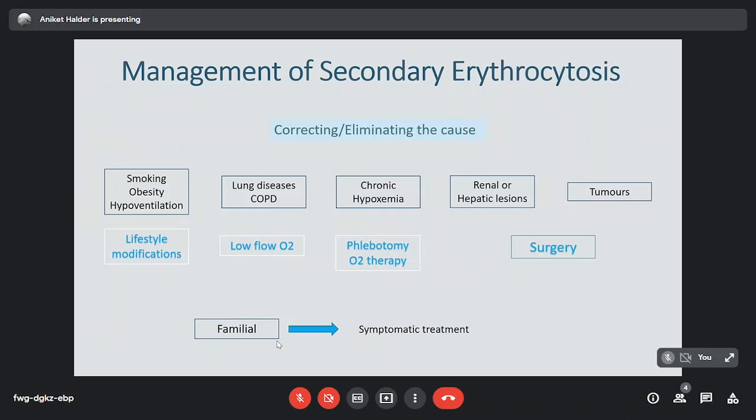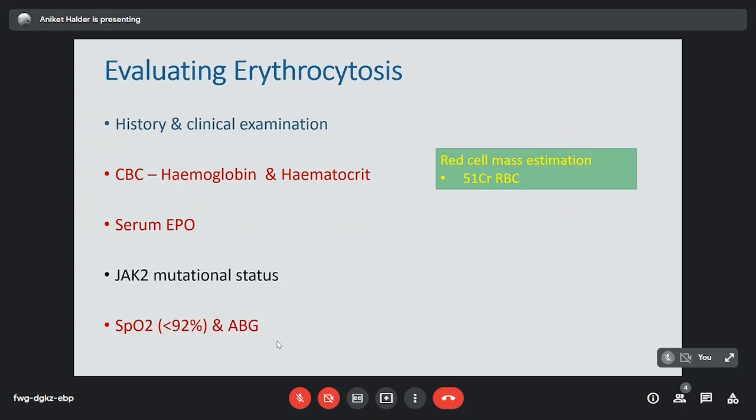So going on to the last part of the discussion, how should we evaluate erythrocytosis? If a patient of erythrocytosis comes to us, he will have persistently raised hemoglobin or hematocrit.